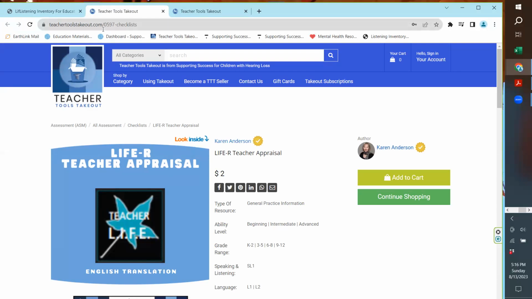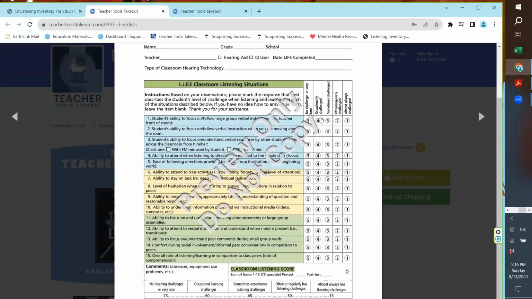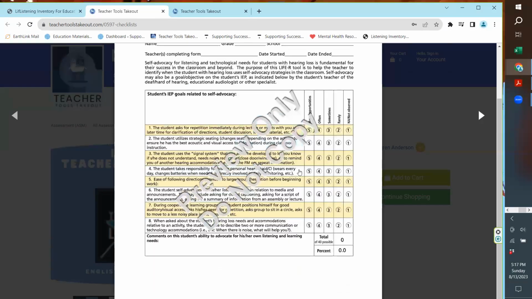This goes directly to our Teacher Tools Takeout site. And there are 2 pages to the teacher appraisal. The first one is teacher appraisal of listening difficulty. And this really zooms in on their attention and their class participation. So those are the things that are most observable by teachers and are the best litmus test for the impact of listening with a hearing loss in a classroom.